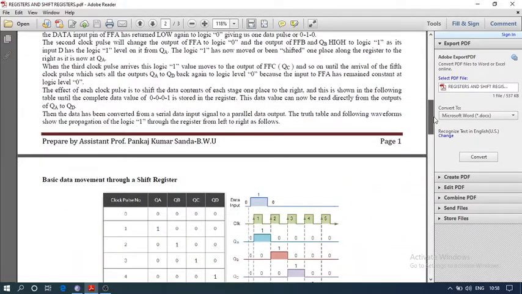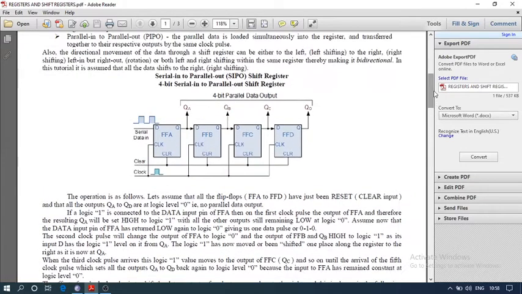Now go to serial in parallel out. So what is happening there? If we give a 0 to FFA, then the output will be 0. And we will take data from the parallel pins, that is QA.